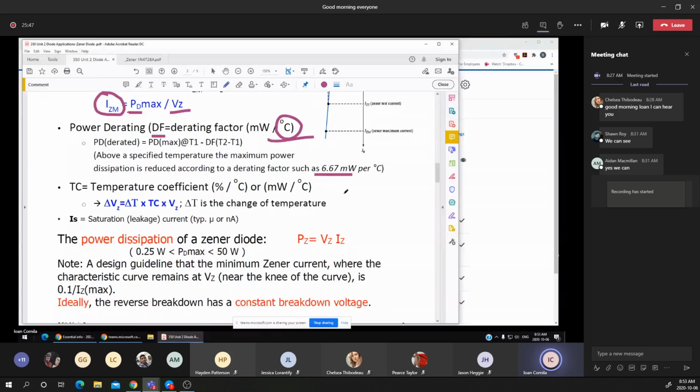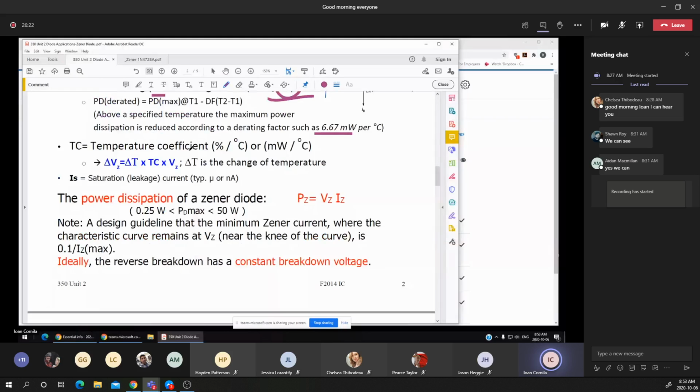We'll end up with the maximum power dissipation if the diode is working at 40 degrees by a derating factor multiplied by the difference in the two temperatures, T2 minus T1. I'll take 40 minus 20 multiplied by the derating factor. That means that I will end up with a PD max at 40 degrees less than the PD max at 20 degrees.